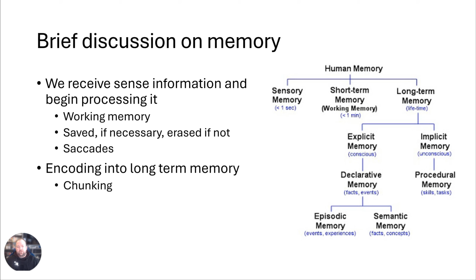And then as we go through, eventually we would encode certain experiences or certain data points into long-term memory. This is how we end up with our explicit memory, declarative memories of facts and events, procedural memory. All of those are formed from things entering working memory, moving to short-term memory.